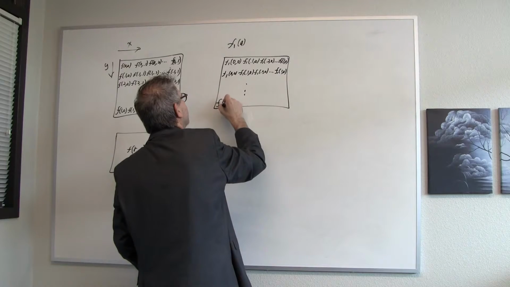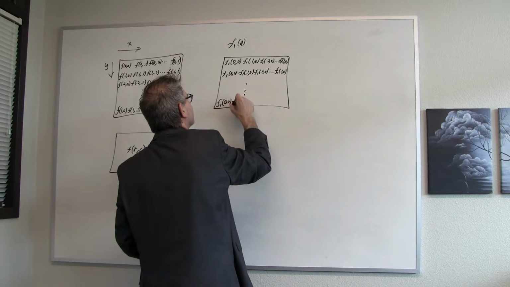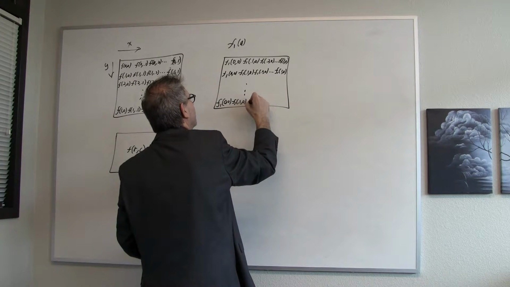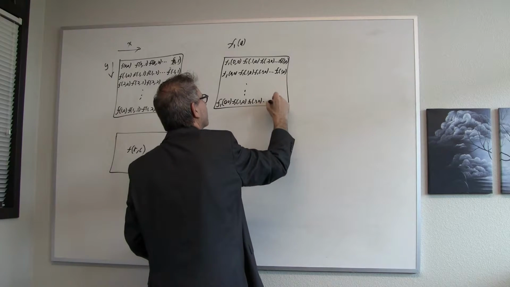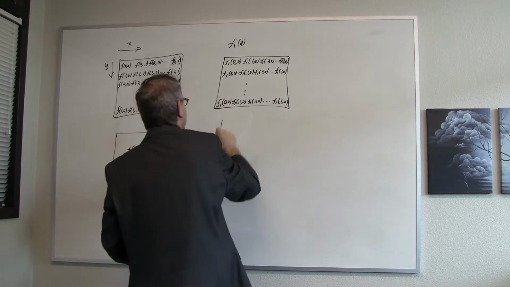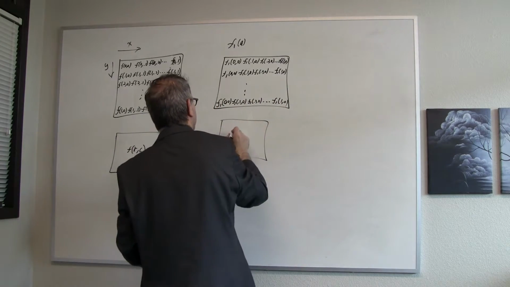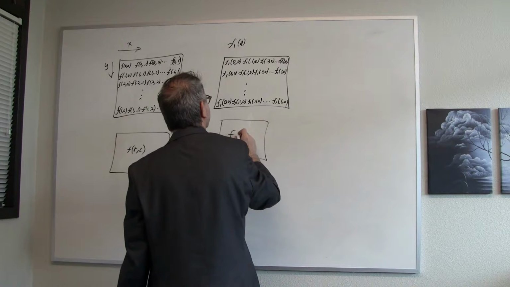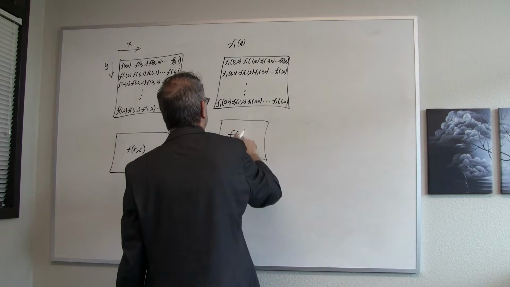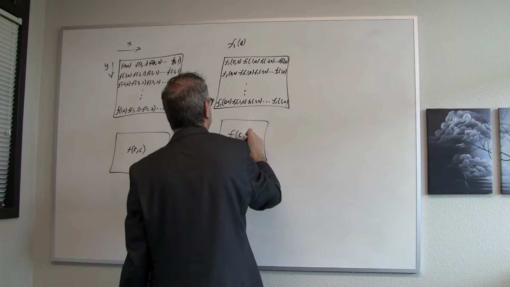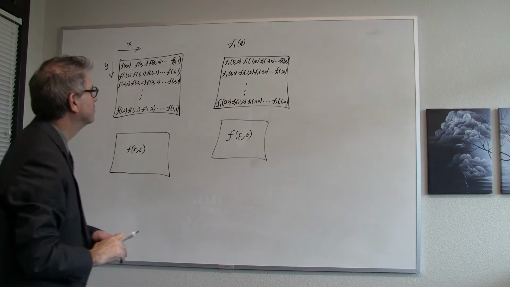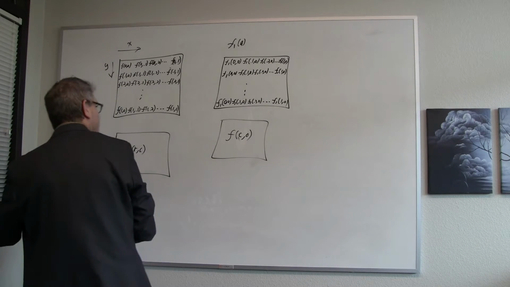So the idea is we store f of column, comma, 0. Or let me put that differently.